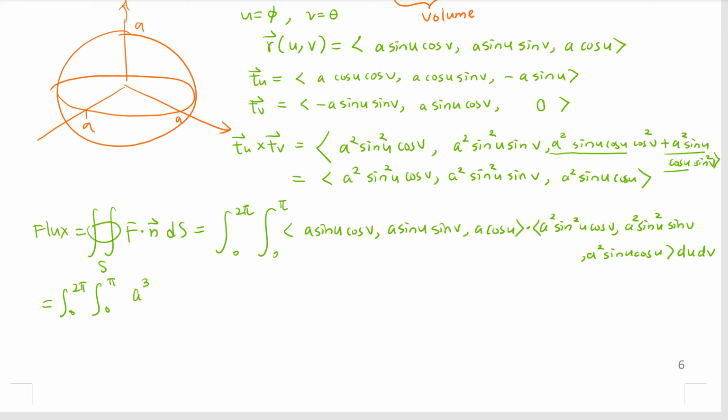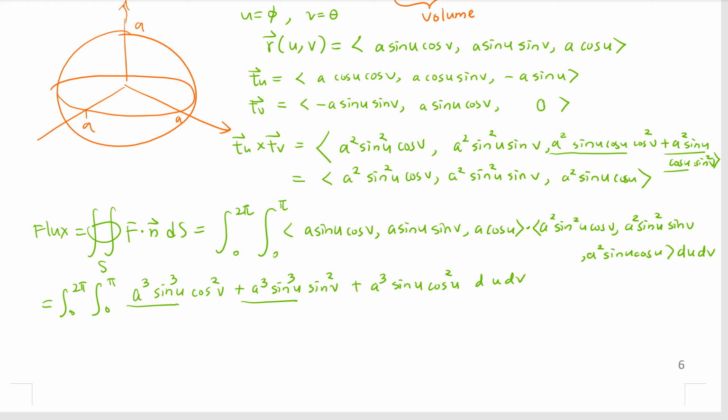So a cubed sine u cubed cosine v squared, and then we have a cubed sine u cubed sine v squared, and then a cubed sine u cosine u squared du dv.